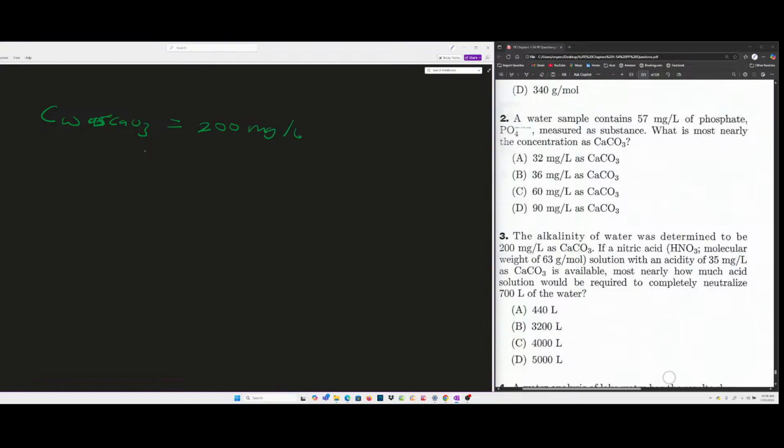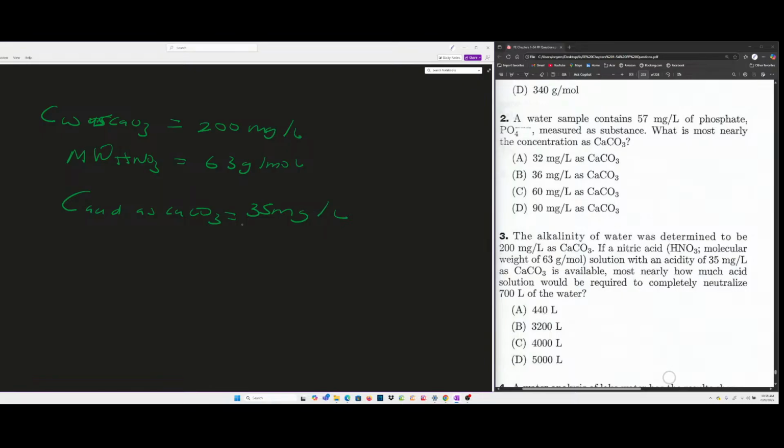The nitric acid, molecular weight of HNO3, is what they gave us: 63 grams per mole. And they said the solution with an acidity of 35 milligrams as CaCO3. So the concentration of acid as CaCO3 is 35 milligrams per liter.